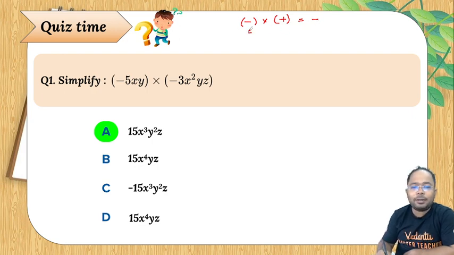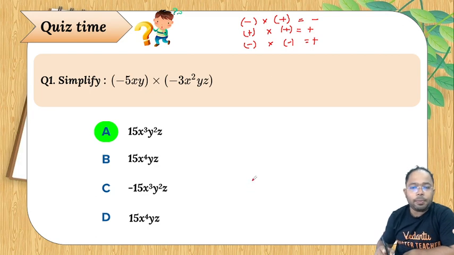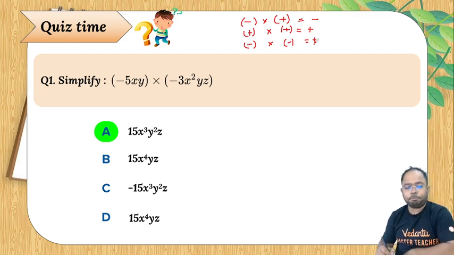When we have the same signs, it will always give a positive, whether it's negative into negative or positive into positive. So do remember this too. When two opposite signs are there, we always get a negative. When two same signs are there and they are in multiplication form, we always get a positive.